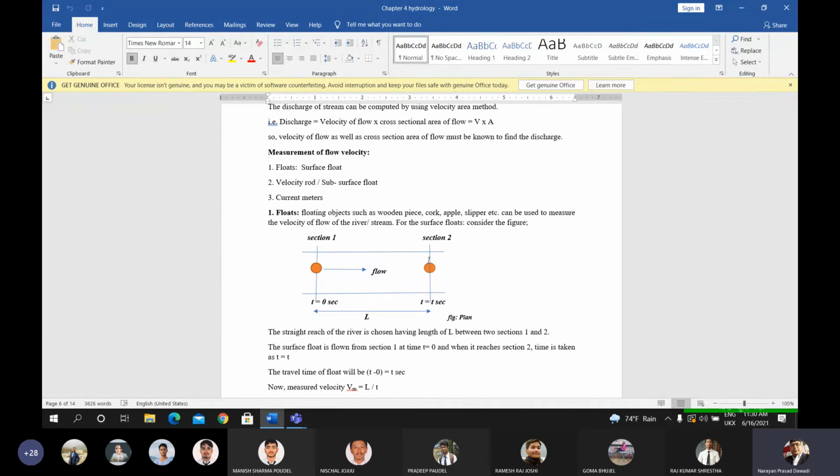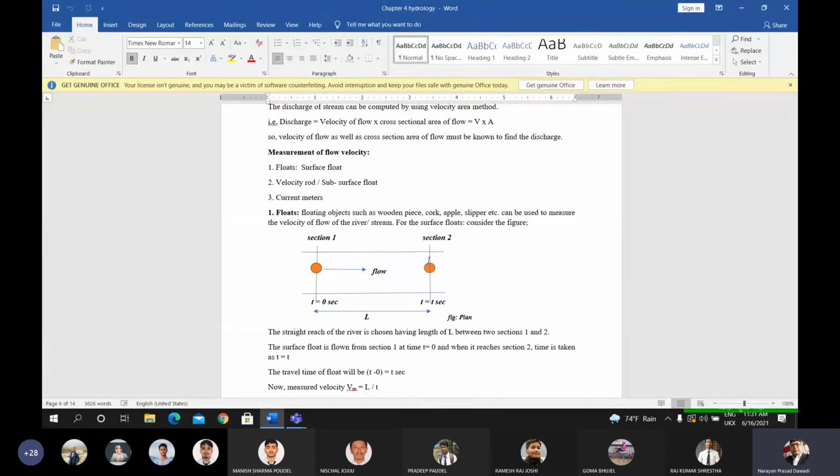With the help of that weir or notch we can measure the depth of water above the crest, and using the rectangular weir formula you can find the discharge passing through the weir. That is the discharge of the flow.